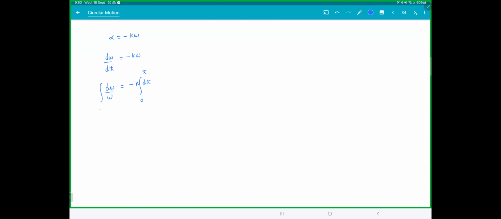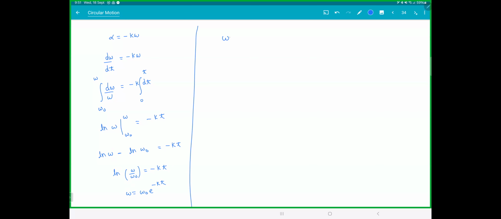This will go from 0 to t, and this will go from omega naught to omega. This will become ln omega, limits from omega naught to omega. This is minus kt. This is ln omega minus ln omega naught. That is ln a minus ln b. That is ln omega by omega naught is minus kt. So this would be omega is omega naught e power minus kt. Make sense? You can send that exponential there and shift it.